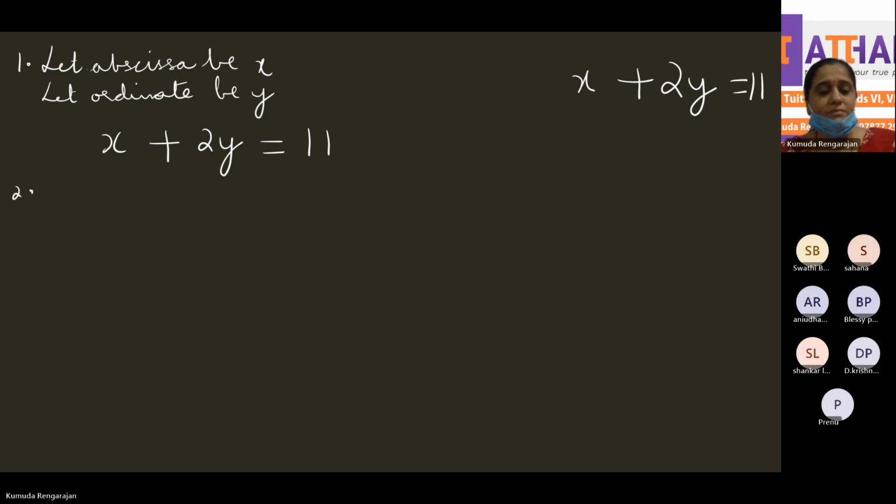Next one. The cost of half a dozen eggs is the same as the cost of 1 packet of bread. So what should we say? Let the cost of an egg be rupees X. Always assume for 1 unit.